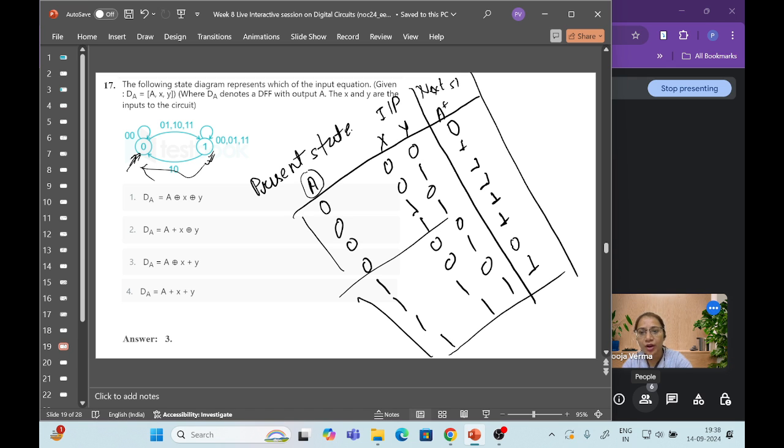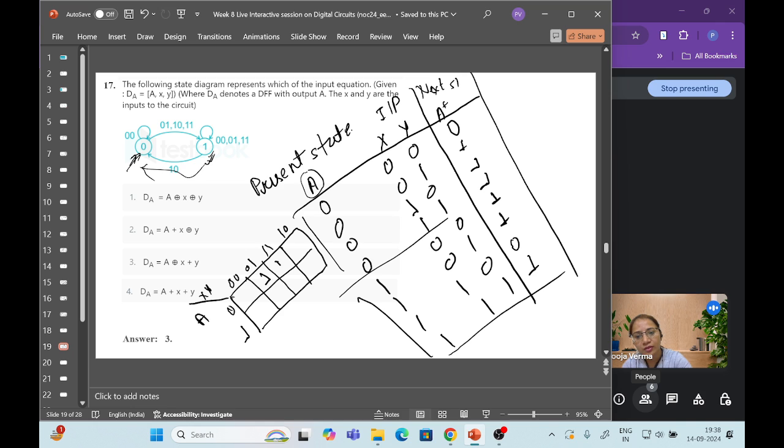Now we have to find out the state diagram that represents the input equation. So again from the K-map we need to find out what the equation will be, with A and X, Y, because these are the inputs. It is 00, 01, 11, 10. So 0 0 0 is 0.